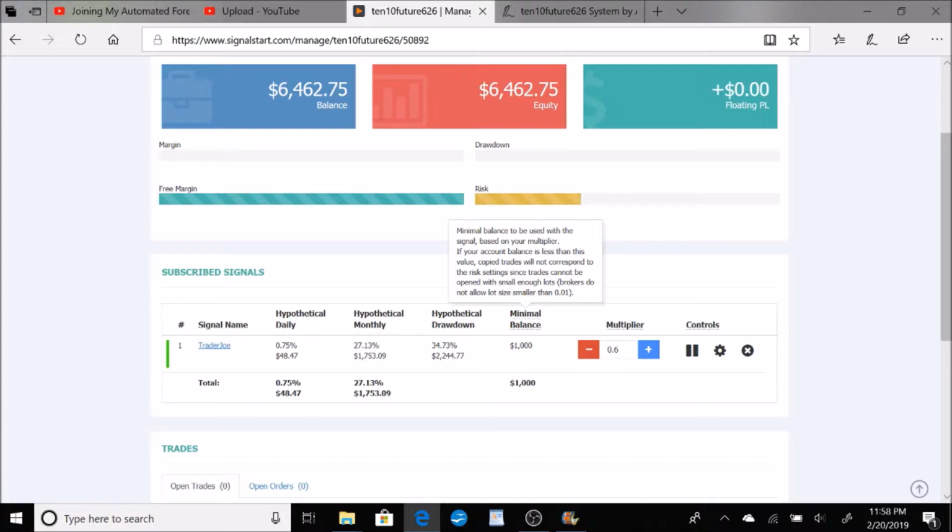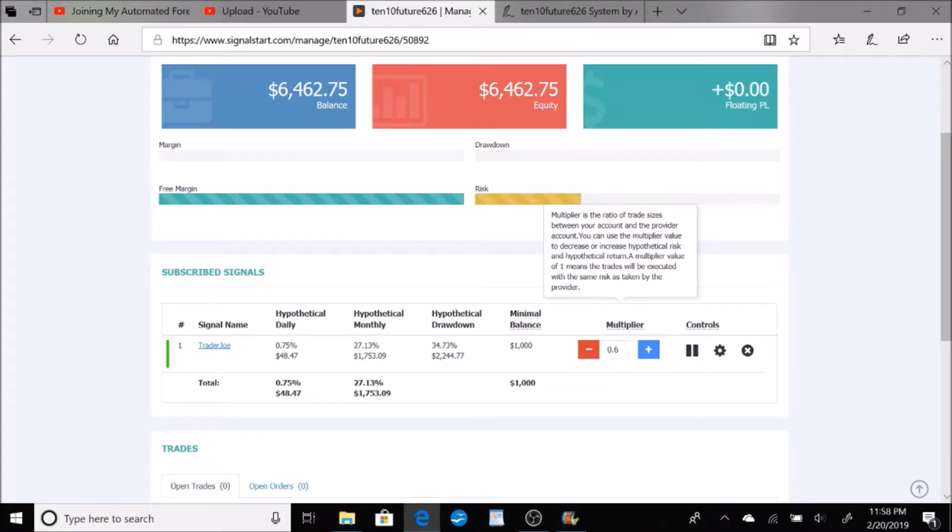This is the most important part: the multiplier. The multiplier is, I like to say, an idiot-proof way of setting this. There are also other ways to set it, like a fixed position size, but I really don't recommend that because I don't have fixed position sizes. The multiplier is like a copier, it just copies my ratio.